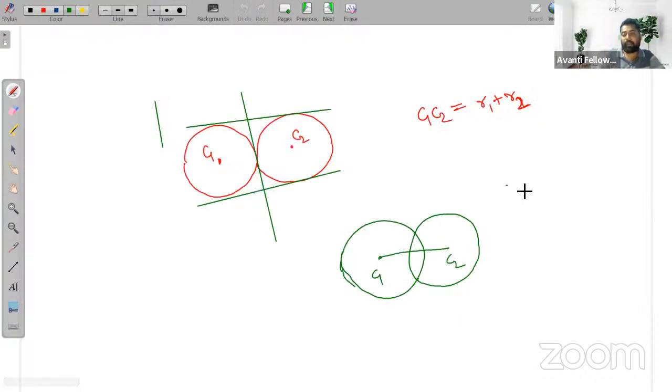That is the relation we are getting: the length of C1C2 will be greater than the modulus of R1 minus R2, since if it comes out negative we have to take the modulus of the difference of their radii, and less than R1 plus R2. This is the relation you will get, and in this case you will get only two common tangents to both the circles. One is this, the second is this. In this case only we are getting two common tangents.